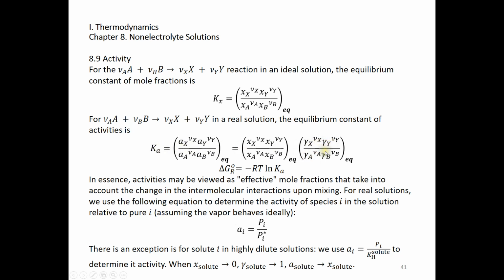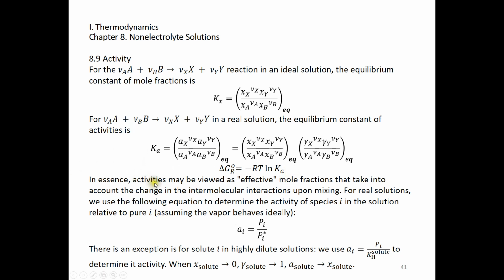Why do we need this? Because in a real solution, the standard Gibbs energy of reaction is equal to negative RT times the natural logarithm of the equilibrium constant of activities, not of mole fractions. It's of activities, because in the activities we take the interactions between AB, AA, and BB into account properly for a real solution.